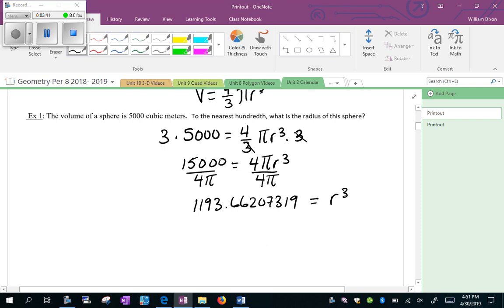r cubed. Remembering we were trying to find the radius, I'm going to find the cube root of this number. So not the square root, but the cube root. I know you've done that last year. That's going to equal r on this side of the equation. On the other side, we're going to take our calculator. I hope you remember this.